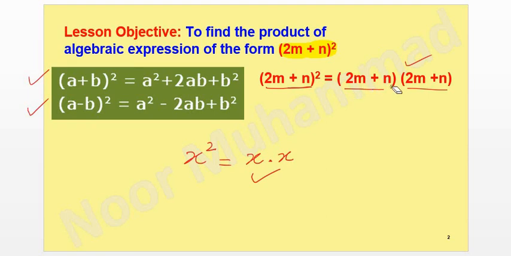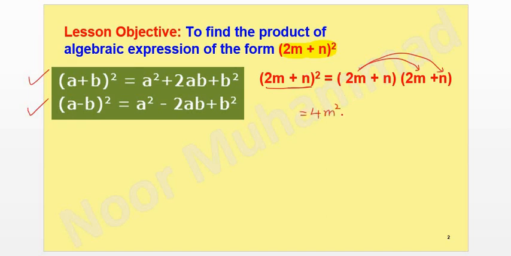And then you multiply it as you were doing in the previous exercises. How? You will multiply this 2m by this 2m, and then you will multiply this 2m with this n. So what will we get? We will get 4m squared plus 2mn, and now multiply this n with this, so it will again give us 2mn, and then multiply this n with this n, so it will give us n squared, right?